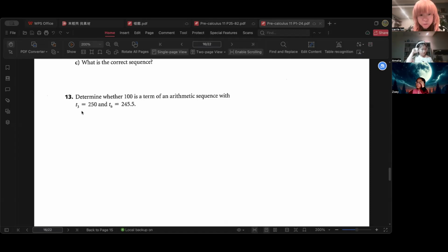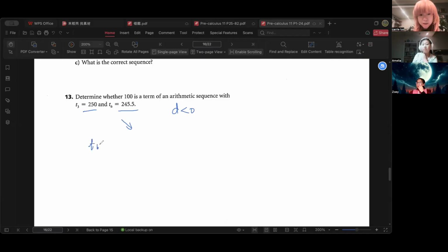So for this question, first of all, Zoe and Amelia, is the D smaller than, equal to, or bigger than 0? Smaller. Smaller than 0. It's a decreasing arithmetic sequence. That's the most important thing, right? So we're going to find out what is D first.